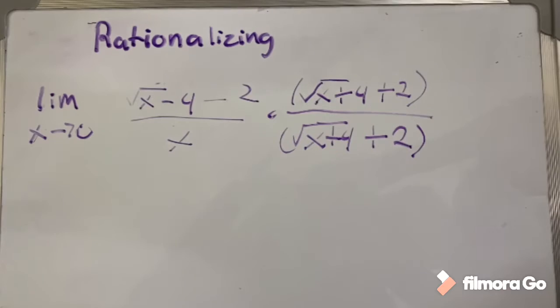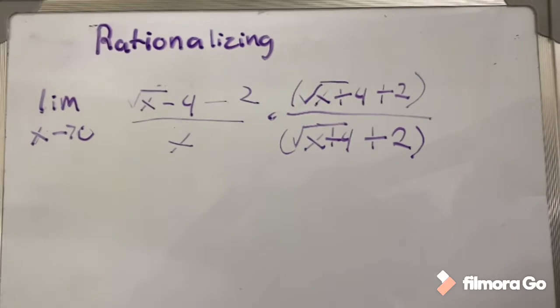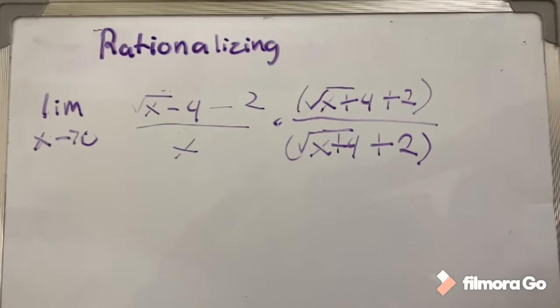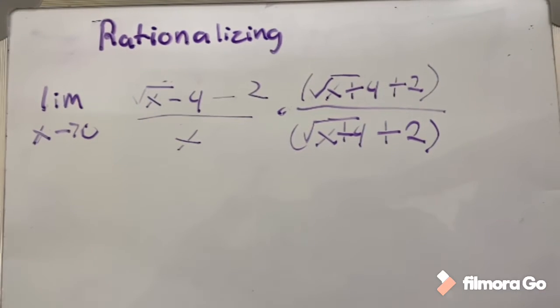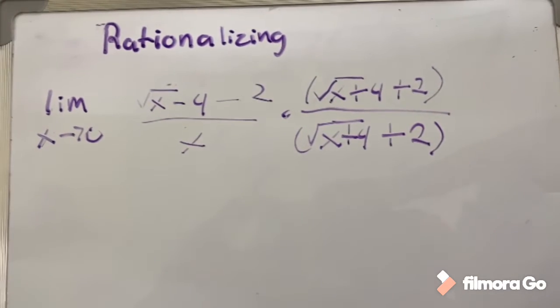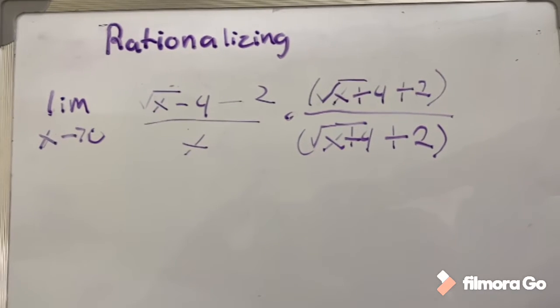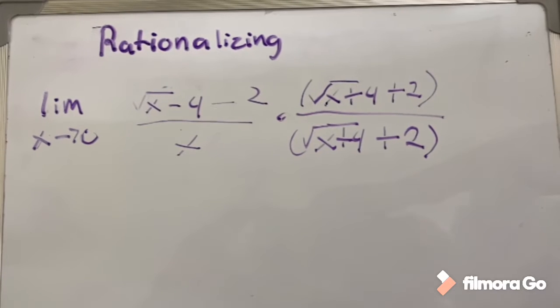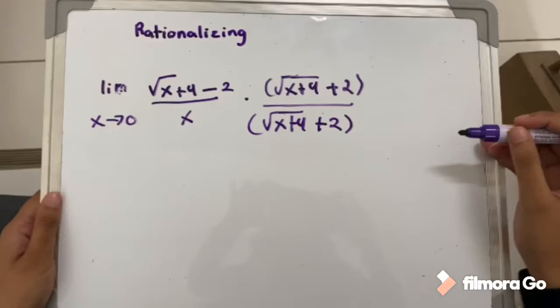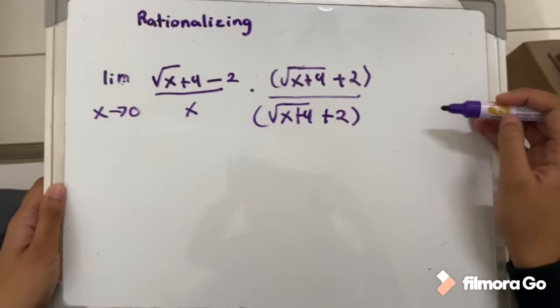For example, our first example is the limit of square root of x plus 4 minus 2 over x as x approaches 0. So we have to multiply it by the numerator's conjugate, which is square root of x plus 4 plus 2 over square root of x plus 4 plus 2, so we have to multiply both sides.